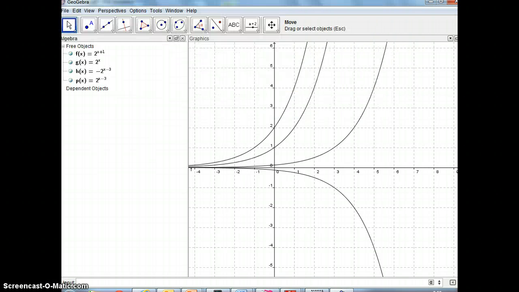Okay, so the x minus 3 shifts it to the right, the minus in front of it flips it upside down. You can see my equations over here. And that is all.